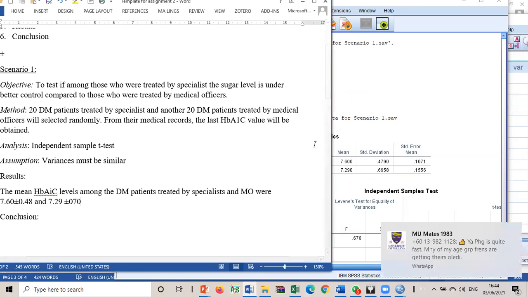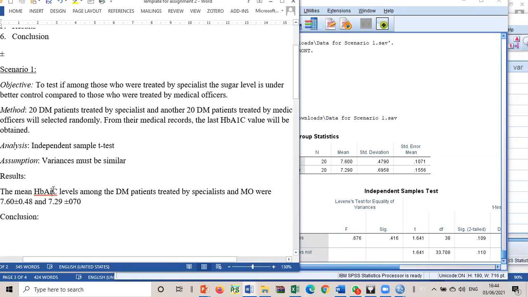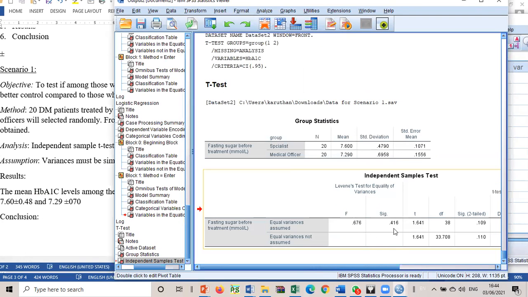So you're telling here, right? So t-test. We know assumption must be tested first. What's the assumption? The variances, you can see variances.